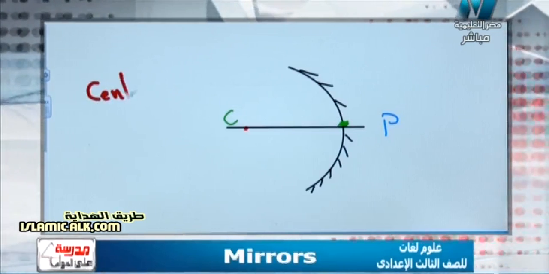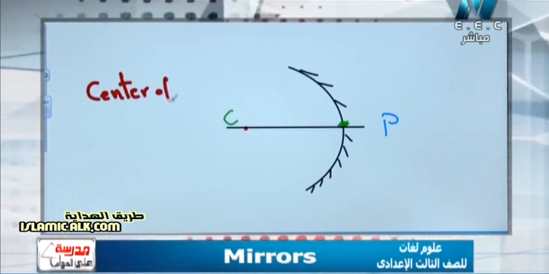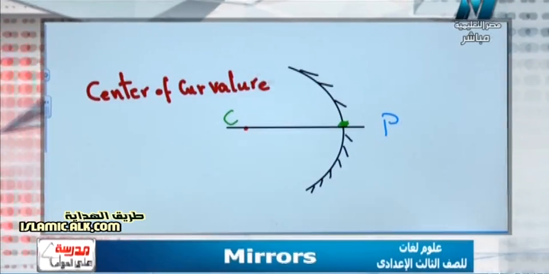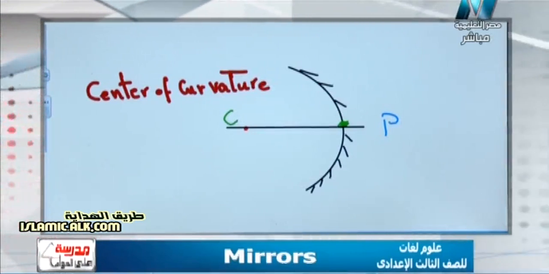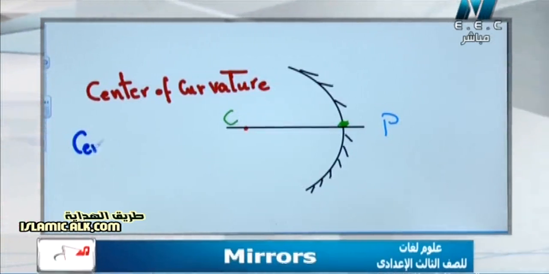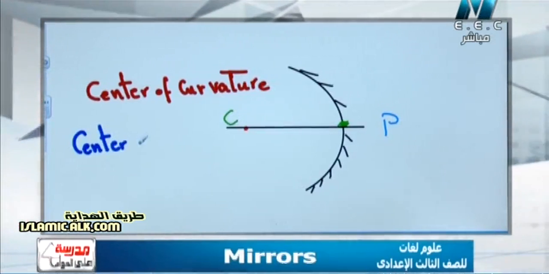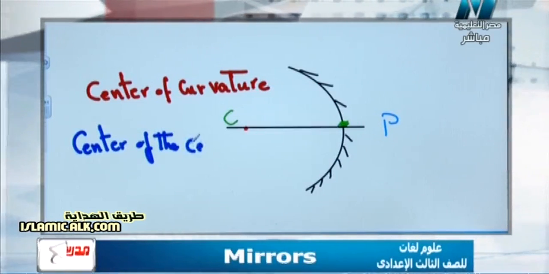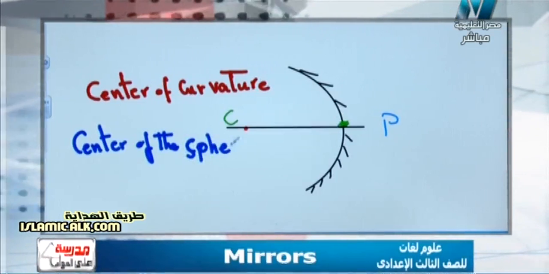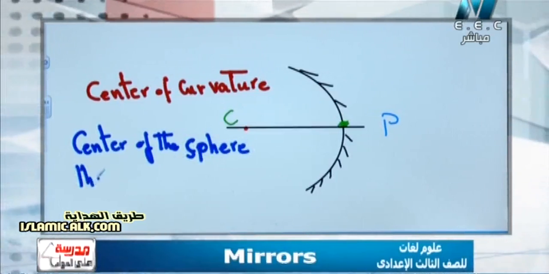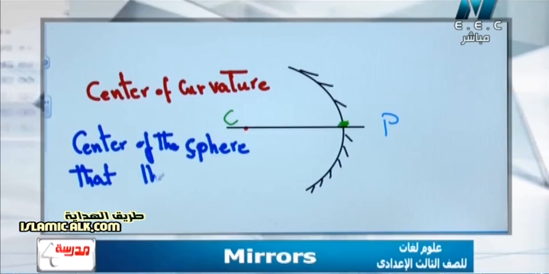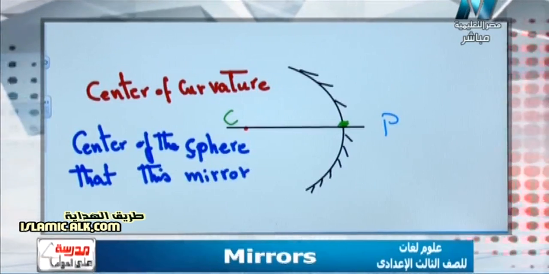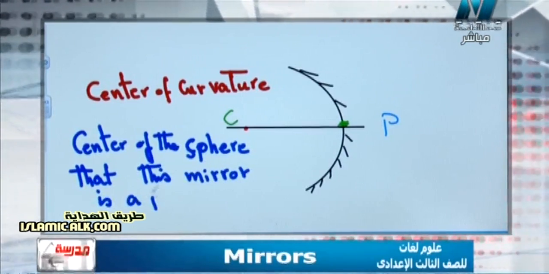Center of curvature, which means center of the sphere, the center of the ball that this mirror is a part of.